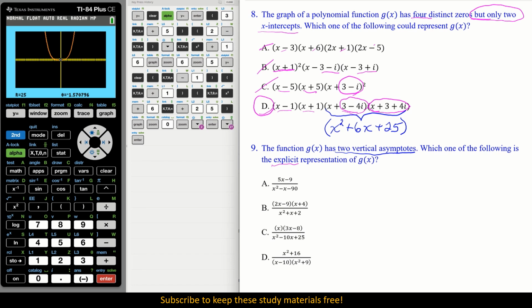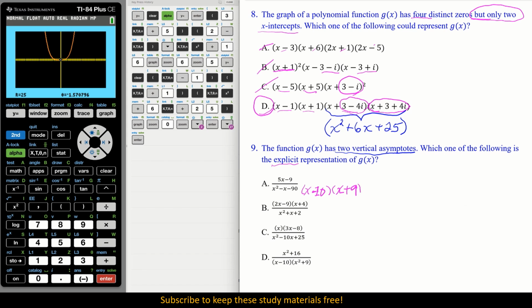Well, explicit is the key thing. I think A does it because A can be factored out. I see x minus 10 and x plus 9. I could write a little better, right?